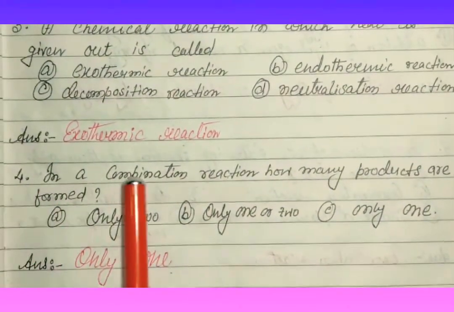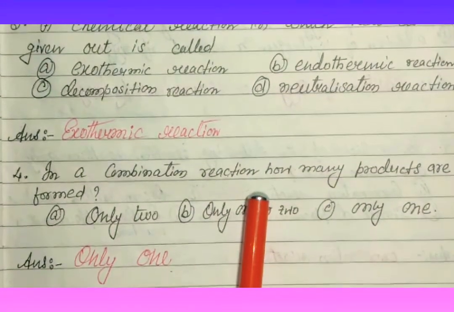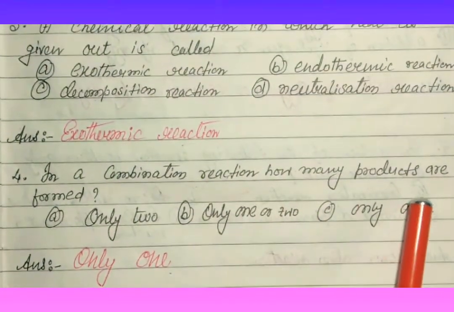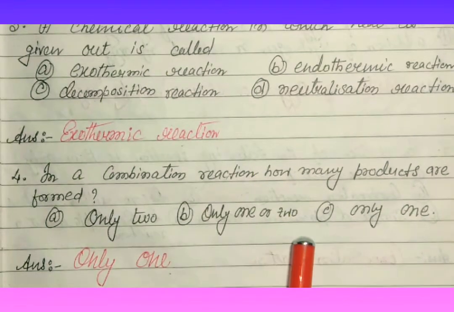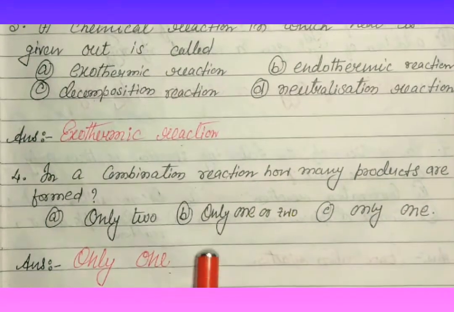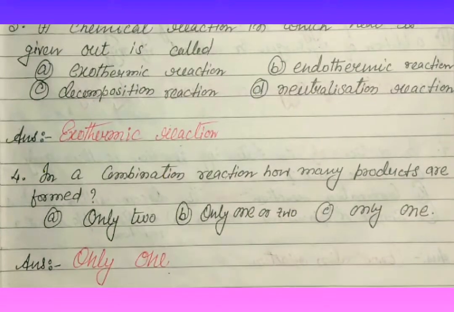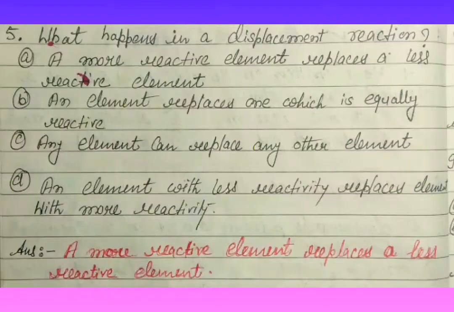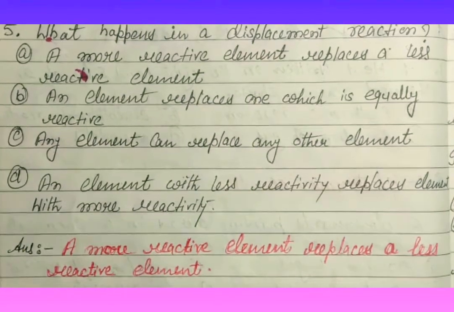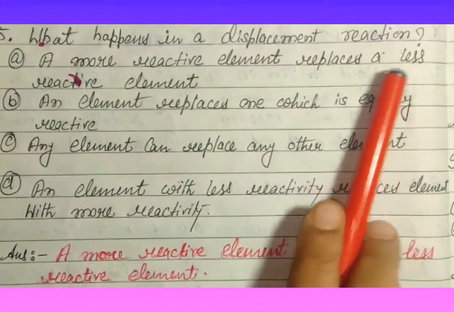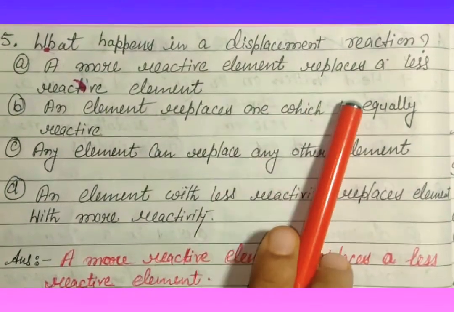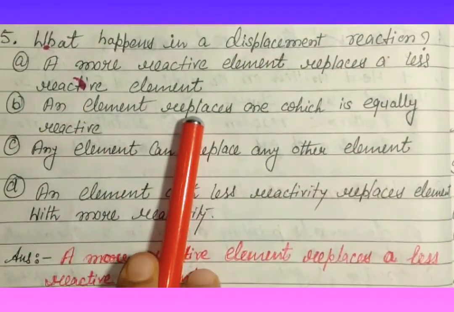Number 4. In a combination reaction, how many products are formed? Only 2, only 1 or 2, only 1. The answer will be only 1, or single. Question number 5. What happens in a displacement reaction? A more reactive element replaces a less reactive element.